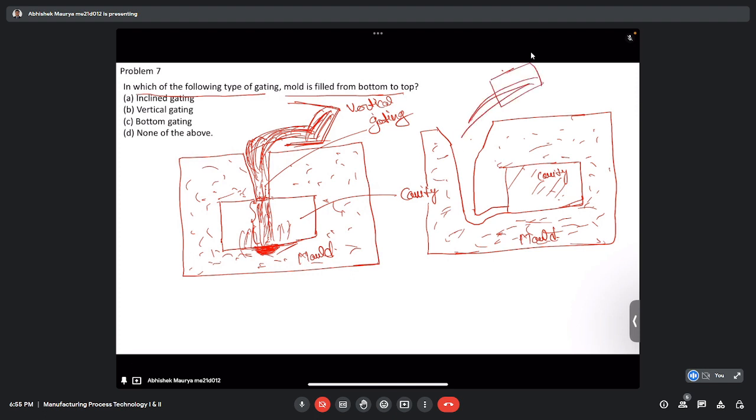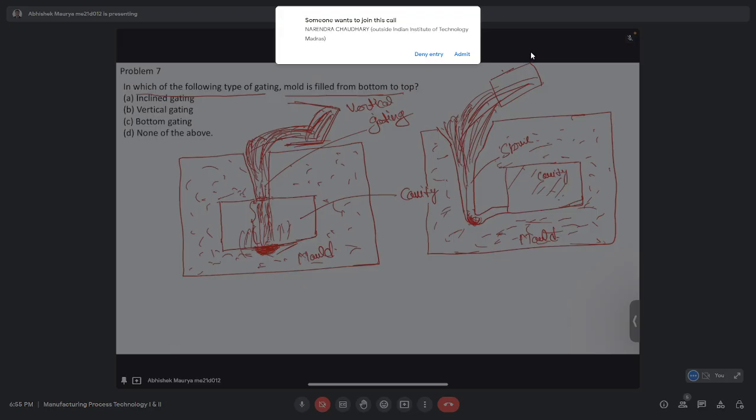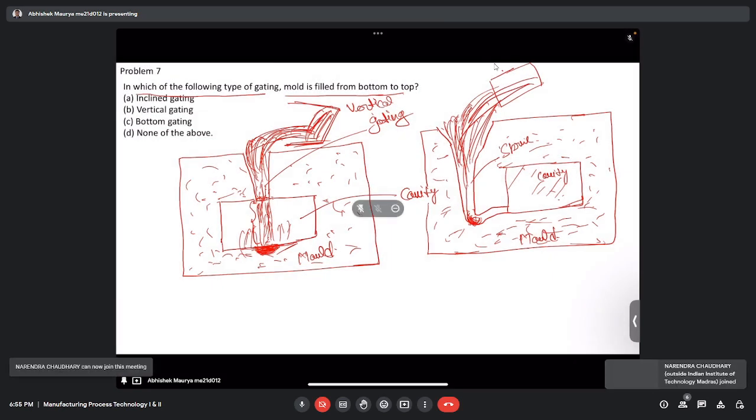Molten metal is coming here. This is the sprue. First the molten metal will fall in this region here. Even if it damages or erodes some portion of the mold in this region, it will not affect the cavity.